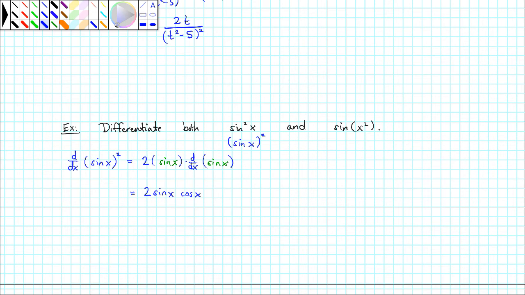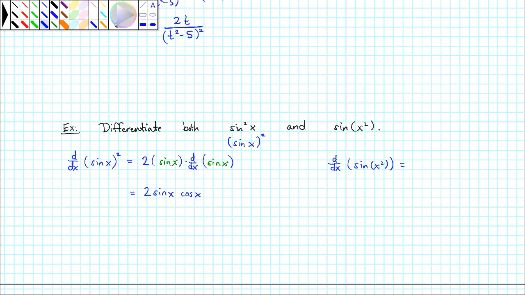And over here, to differentiate sine of x squared, well, the outside function is sine, and the inside function is squaring.